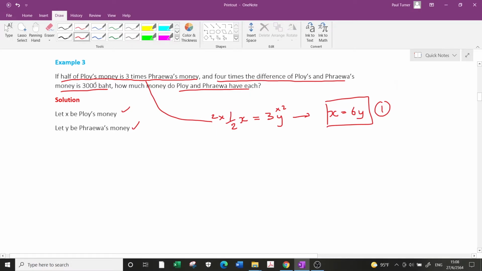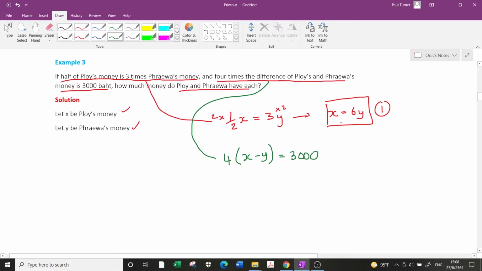Your second equation is here. 4 times the difference between Ploy's and Prawa's money is 3,000. So I'll have 4 times the difference between their money, x minus y, equals 3,000.